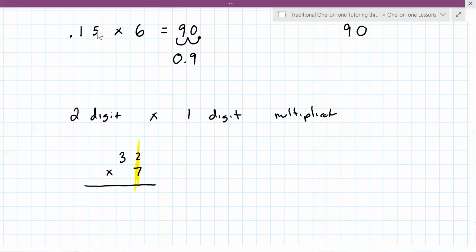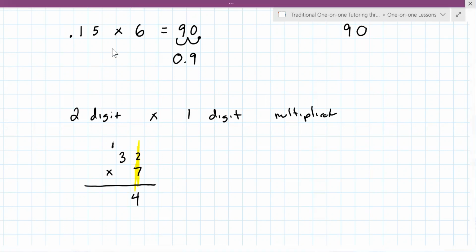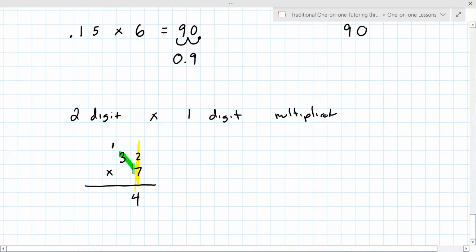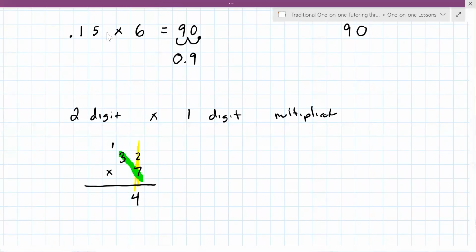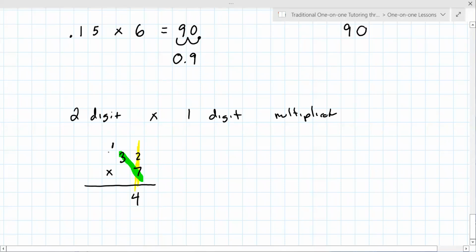What is 2 times 7? 14. So you put a 4 here with a carry of 1. Then you move to multiplying diagonally. You always multiply first. The carry is next. What is 3 times 7? 21. And then you add the carry to make 22.